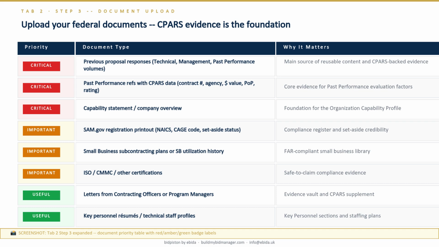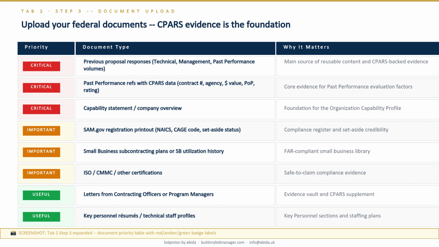The important documents in amber: your SAM.gov registration with NAICS codes, CAGE code, and set-aside status. Small business subcontracting plans, or SB utilization history, and your ISO, CMMC, or other certifications.